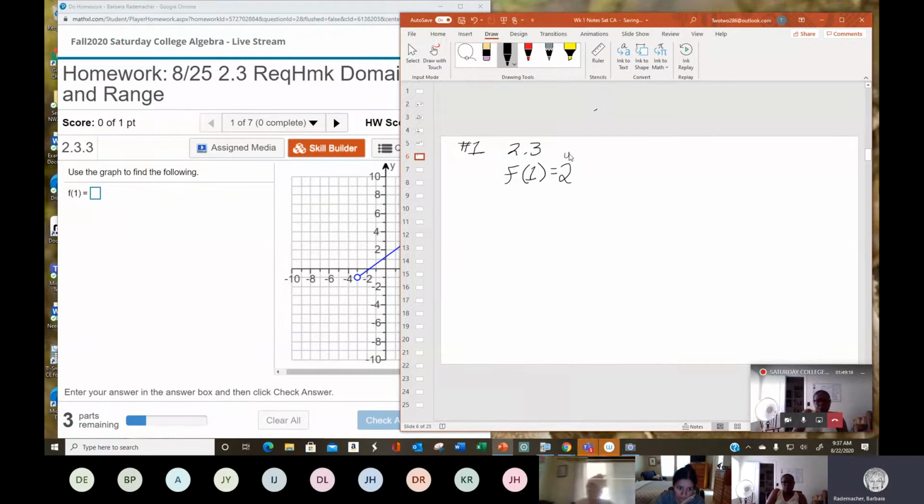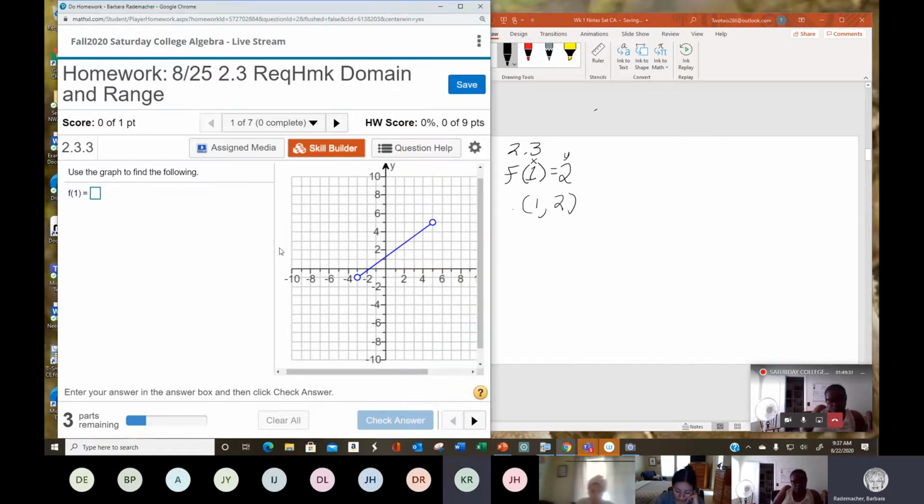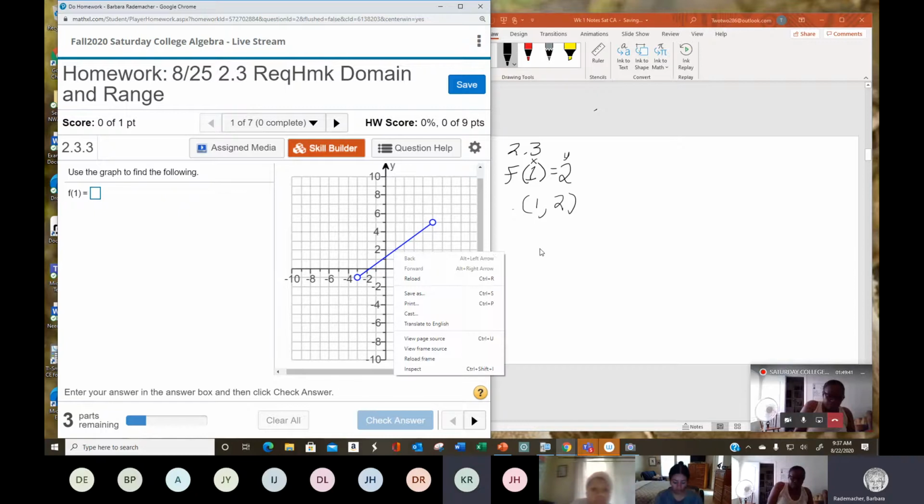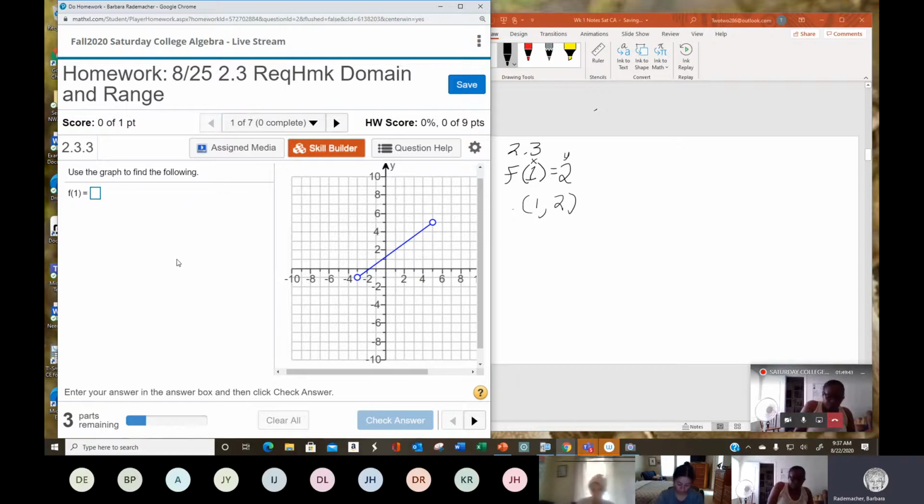This number is always the y coordinate. This number in the parentheses is always the x coordinate. So what we're talking about here is the point 1, 2, which is this point right there. I have a very vivid imagination.